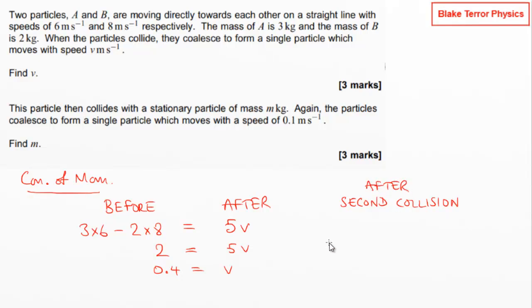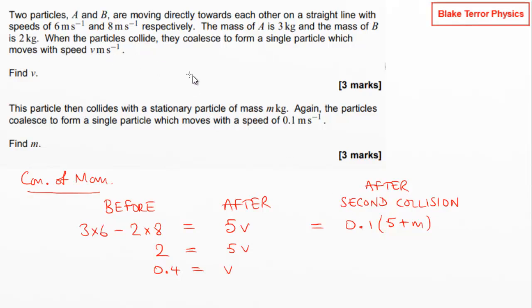And then we can say here that this has got to be, again, equal to the total mass times the new velocity. So that's the 0.1 times the 5 plus m. Could also think of this again in terms of the proportion of stuff.